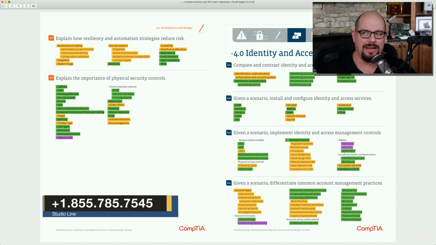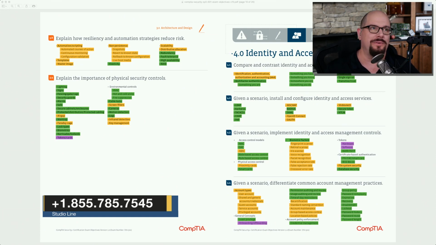I think on this exam, do I even have stats on it? Bear with me. We're going to find out if I do have stats on the Security Plus, because it was just a massive change. For those of you that worked through this, I don't think I have. Oh, yeah, I did a 401 to 501 comparison. Of course I did.